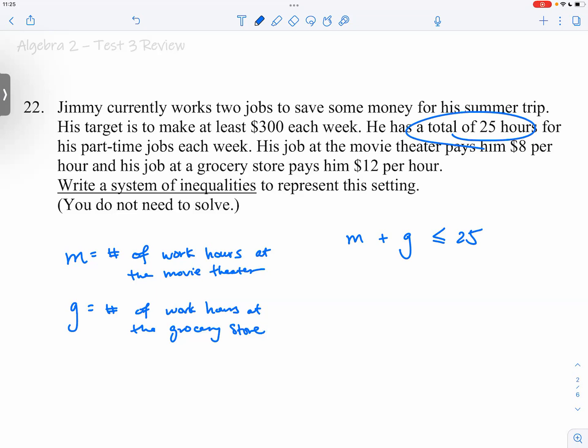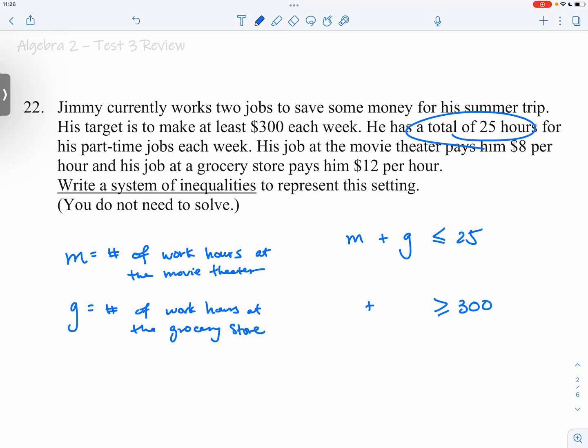And now let's talk about the pay. The pay is going to be more than $300. It's not going to be M plus G, because those are the hours, not money. So what about the money? Well, we have 2 sources of money, right? One from the movie theater, and another from the grocery store.